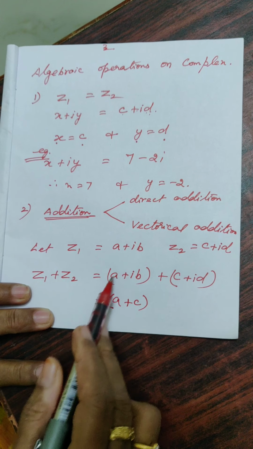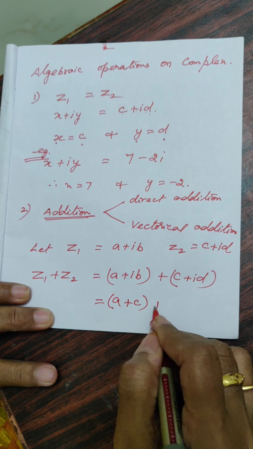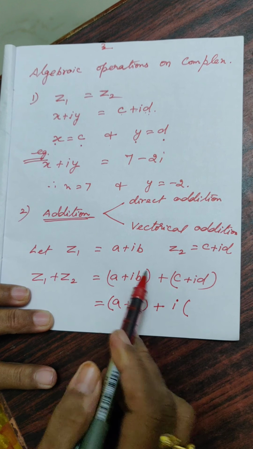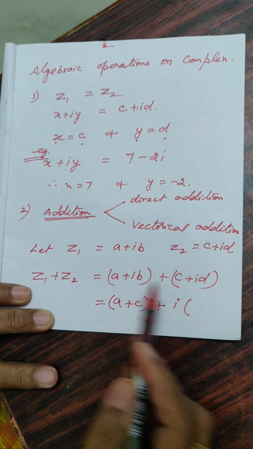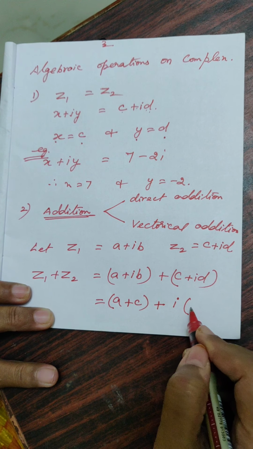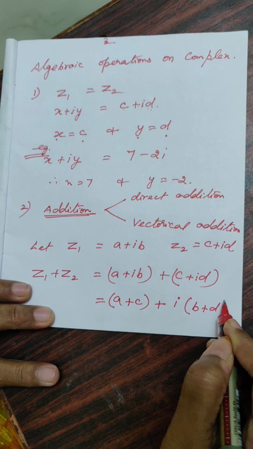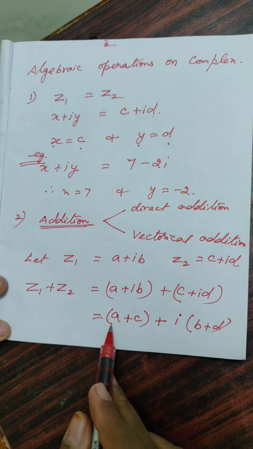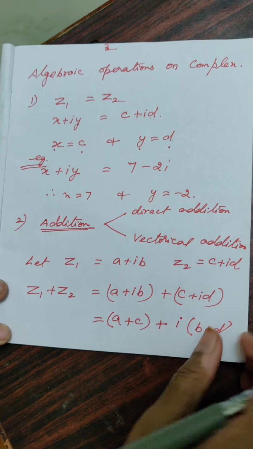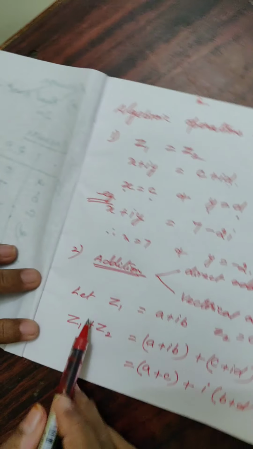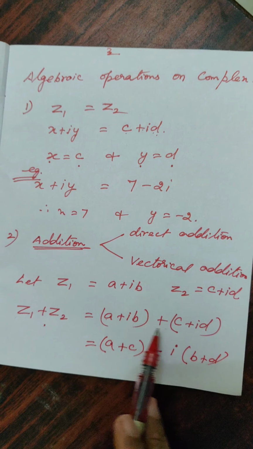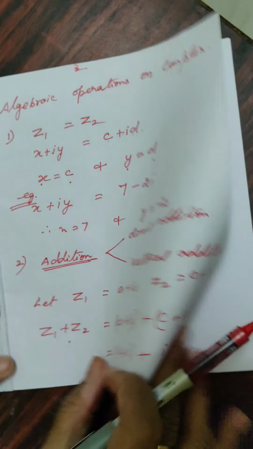Therefore, adding the real parts, a plus c, plus adding the imaginary parts, here one is b and another is d, the answer is b plus d. So Z1 plus Z2 is a plus c plus i times b plus d. Is it clear to all of you? In order to add two complex numbers, add the real parts and add the imaginary parts.